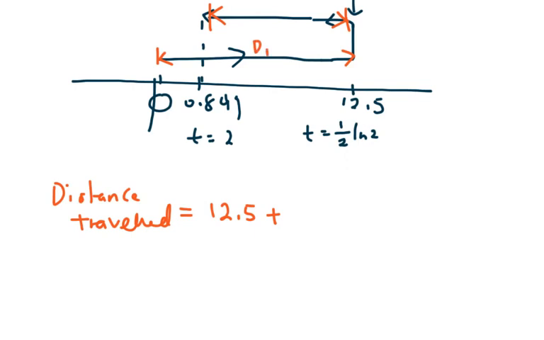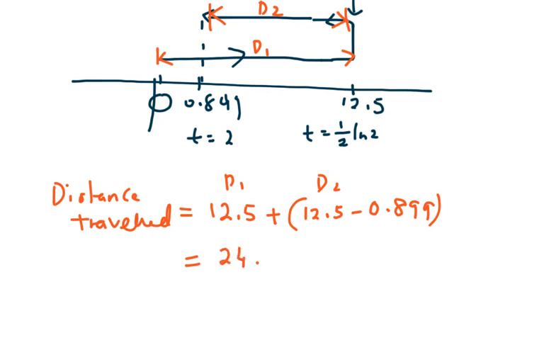So this is your distance number 1, and your distance number 2 can be found by 12.5 minus 0.899. Just put all the values in your calculator and you should be able to get your answer to be 24.1.